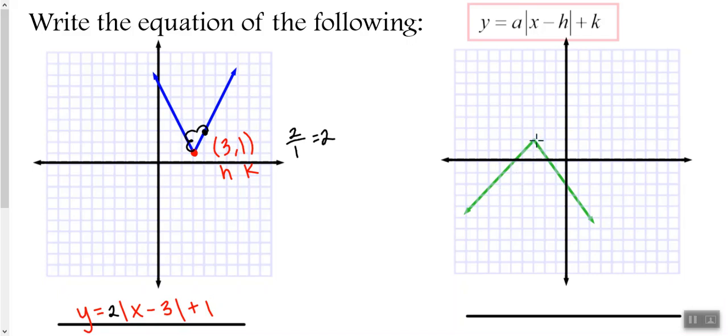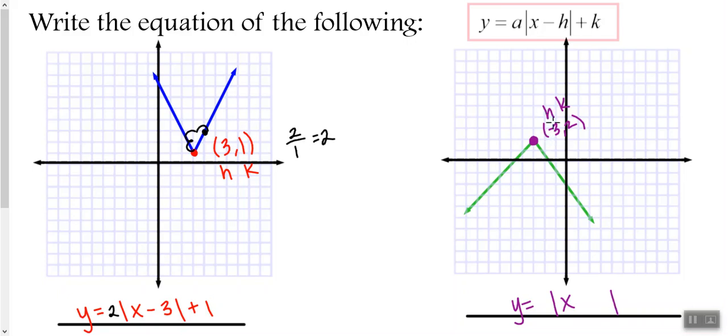So first step is to find the vertex, which is my corner, and that's at -3, 2. And that is my h and my k. So I'm going to make my shell now. So we have y equals absolute value of x, leaving some space.